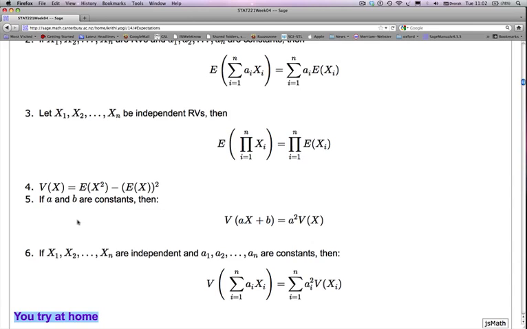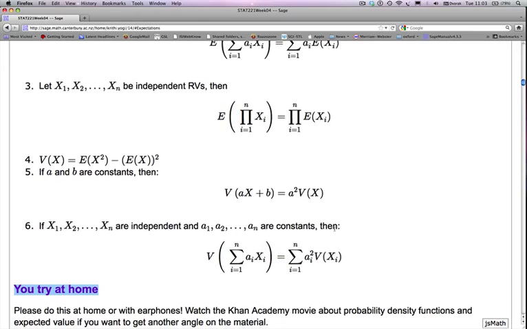Now property 5 is if a and b are constants, then the variance of a times x plus b is a squared times the variance of x. Okay, and this again comes from the definition of a variance.